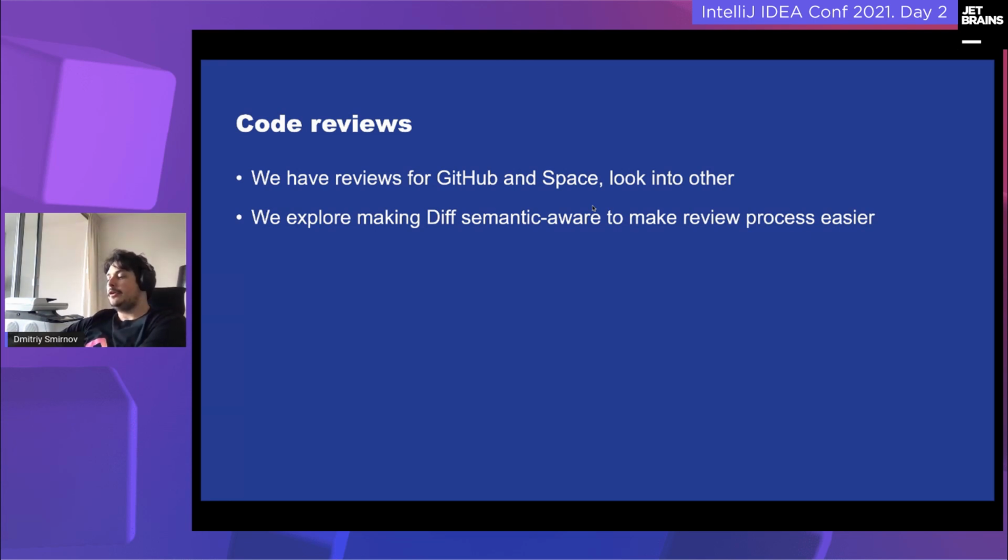So we will explore ways of making the diff views, like individual file diffs, or maybe the entire commit diff view, more semantic aware, so that we can filter out unnecessary changes. So we can find the entry point where, for example, some interface was added, and only after you see that the interface was added, you can investigate its implementations or whatever. So we would be working in a direction to make the diff smart and helpful in filtering out the changes.